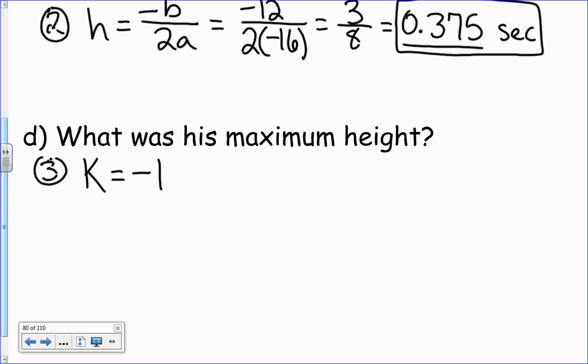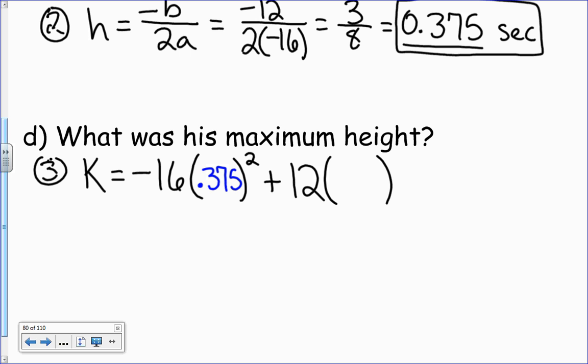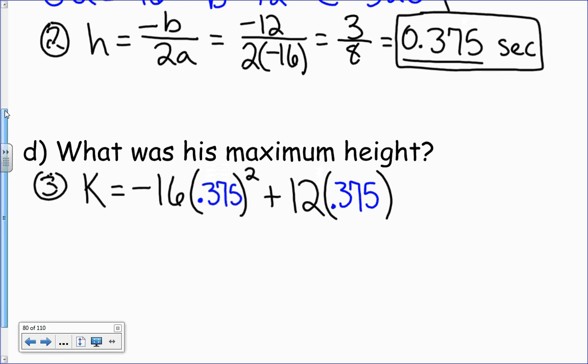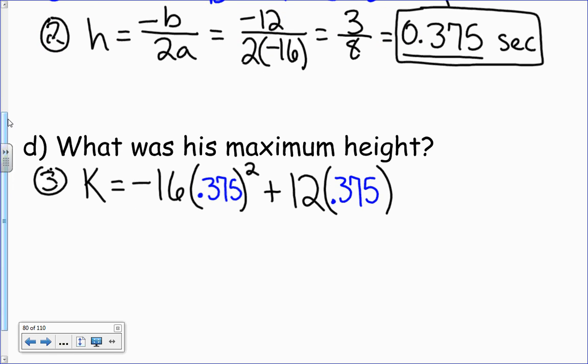Starts with negative 16 t squared. In that parentheses, I'm going to put 0.375. Then it was plus 12 times t. And again, in that parentheses, I'm going to put 0.375. And then, at the end, it was plus 320.